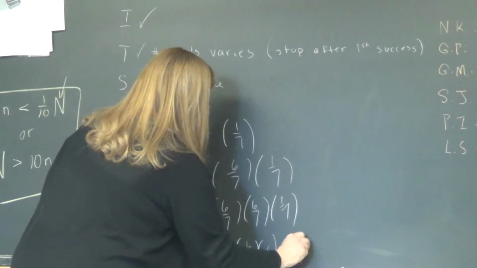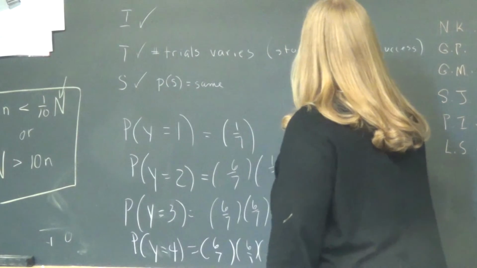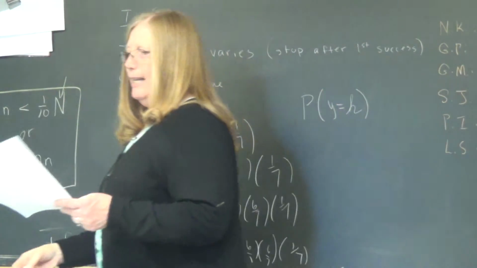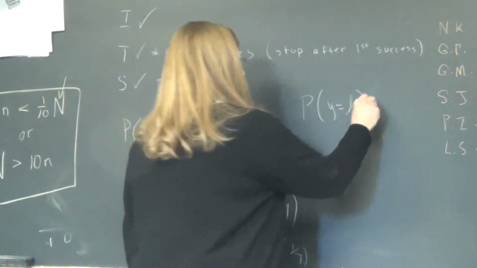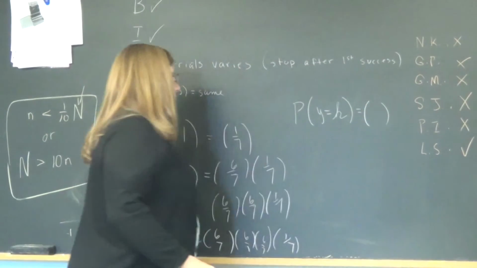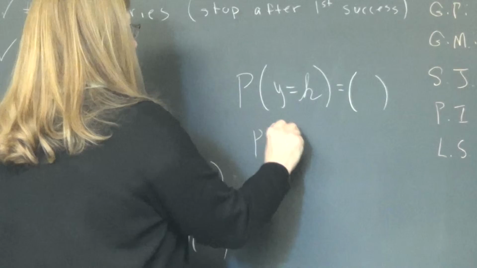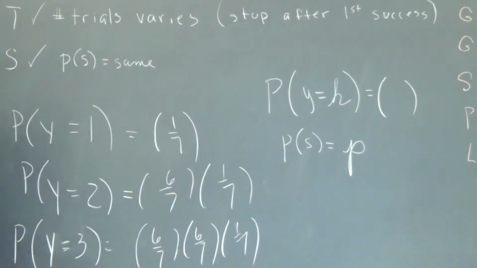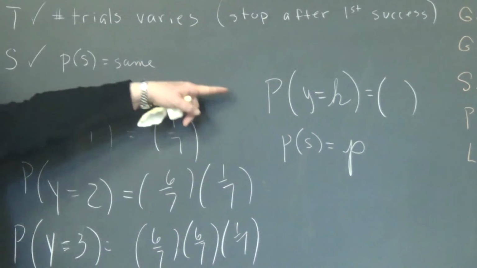So now, what would you think the probability of Y equals any number k is when we're doing this kind of random variable? Let's say that the probability of success is p. What do you think we're going to do in general for any geometric random variable?